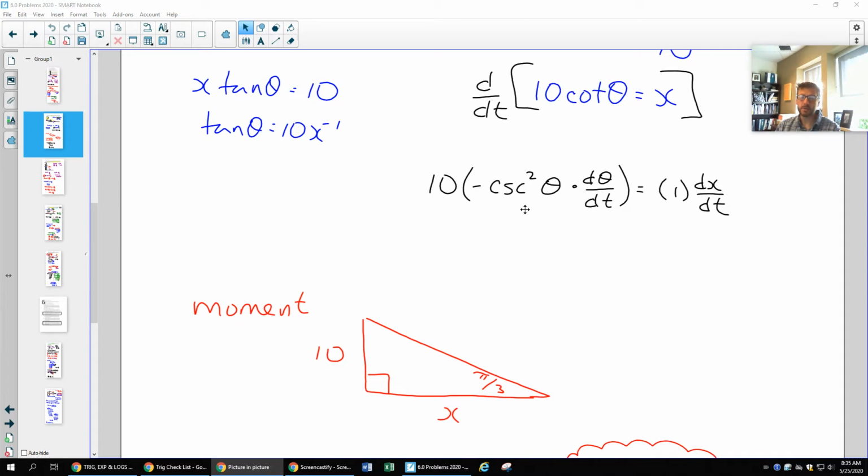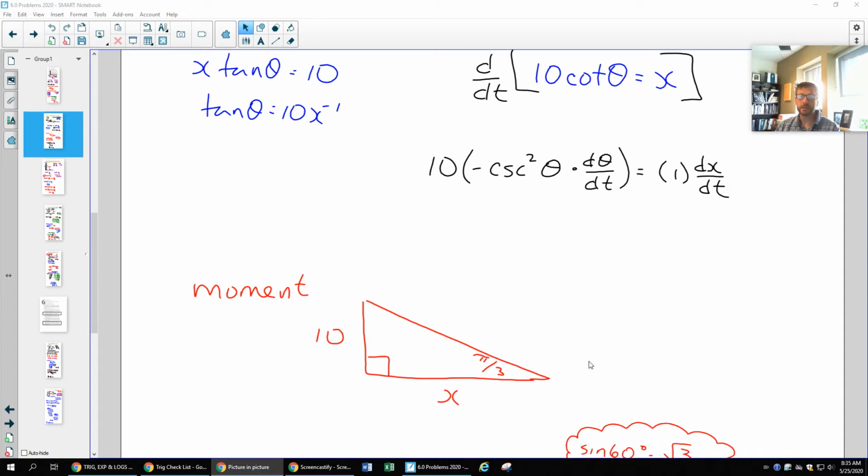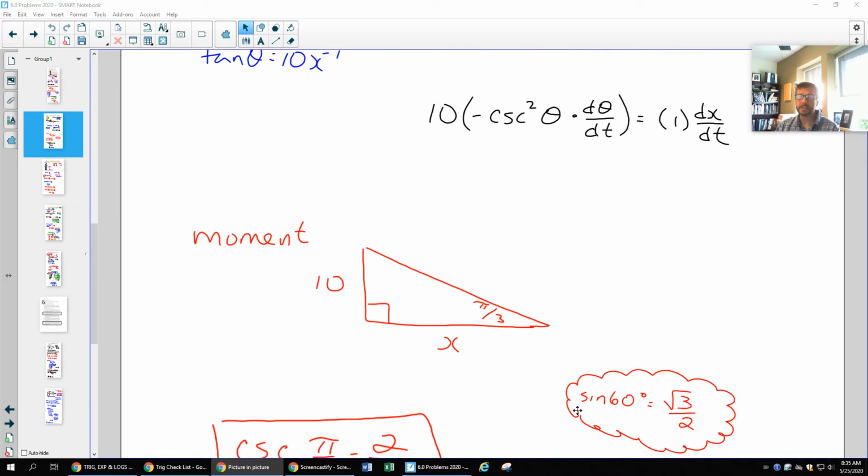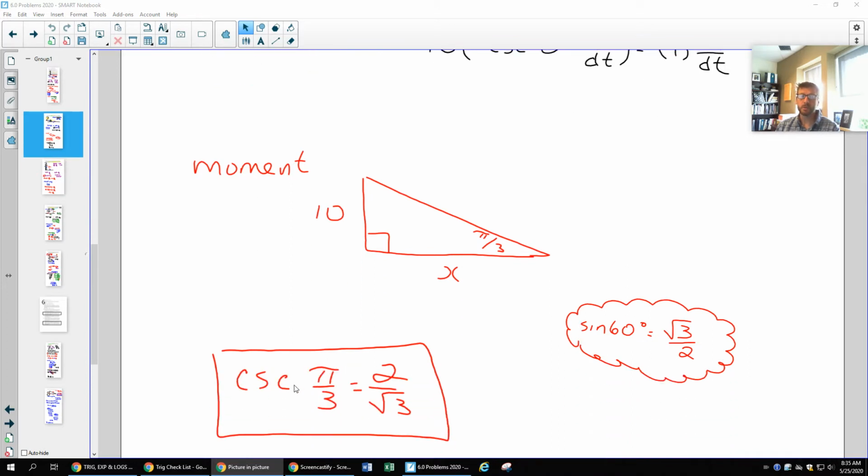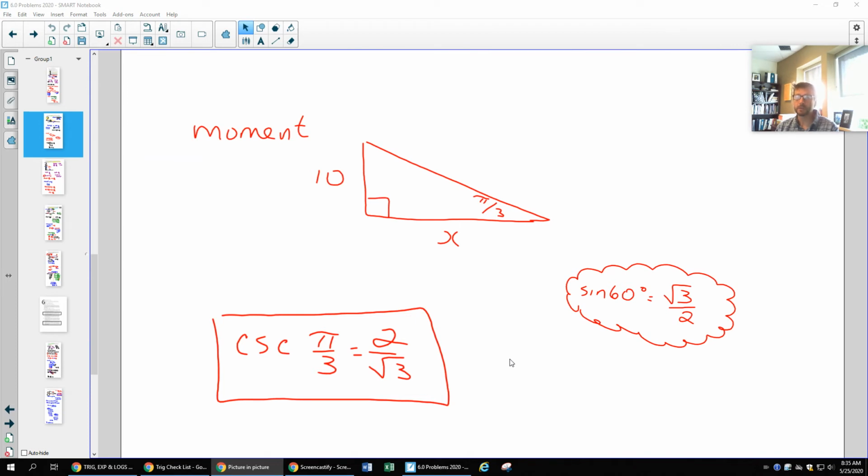And what is the cosecant ratio for 60 degrees? A lot of us will say, well, I know the sine ratio for 60 degrees is root 3 over 2, which means the cosecant ratio is 2 over root 3. So unlike the last example where you had to figure it out using a trig identity, this one is easier because you're given the angle.